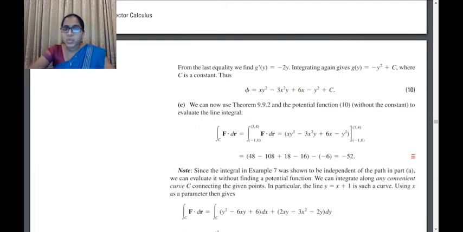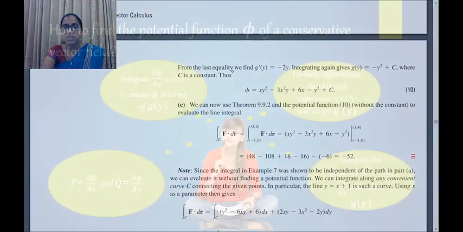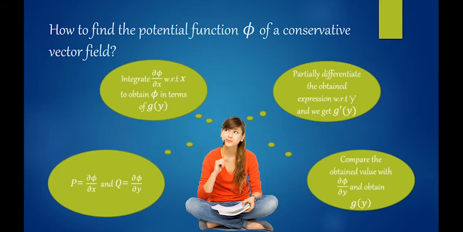So this is how we go about doing the problem to determine whether the given function is conservative, which is determined by just verifying if ∂P/∂y is equal to ∂Q/∂x, and then we find the potential function corresponding to the conservative vector field. For that you have to just keep these 4 steps in your mind. First we equate P = ∂φ/∂x and Q = ∂φ/∂y.